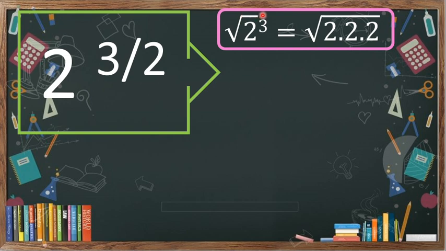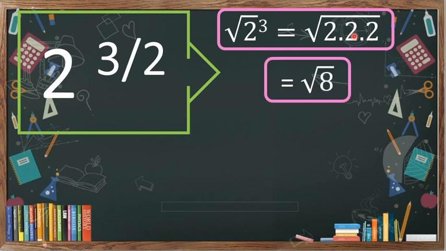Square means 2. Then the exponent is our numerator. So the exponent here is 3 and the base is 2. Then 2 cubed means you're going to multiply 2 by itself 3 times. So 2 times 2 times 2, we get 8.